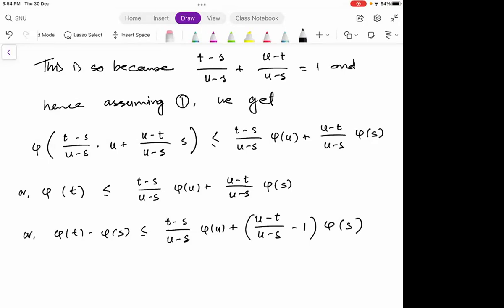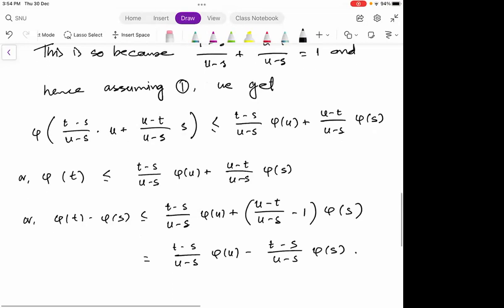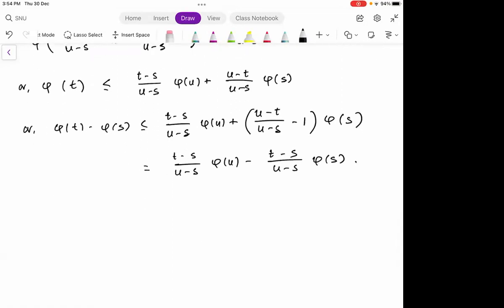So that will actually give me s minus t. So that's equal to... now the fraction is common.